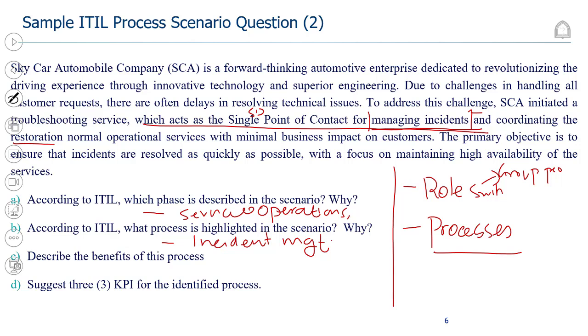You can use the primary objective because the primary objective is to ensure that the incidents are resolved as quickly as possible with focus on maintaining high availability of the services, because that is what incident management is all about, okay?